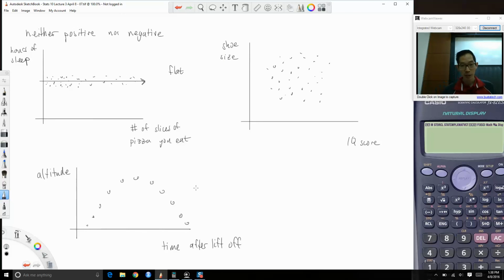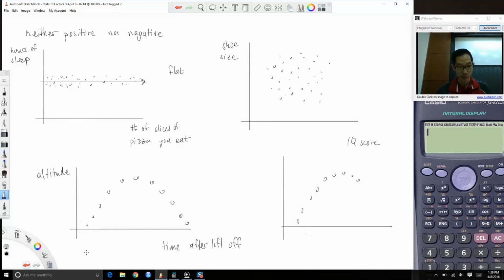However, if we had truncated this, if we did time after liftoff and it ended there, we would say the data here shows a positive trend, because we don't know what's going to happen over here. If I told you this is time after liftoff and altitude, then you could guess what's going to happen over here. But if it ends right here, then based on the data we have, there's a positive trend.